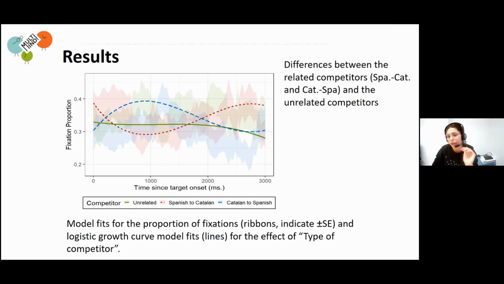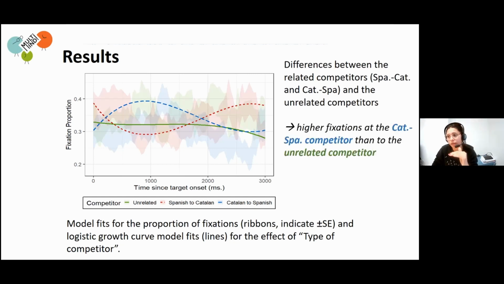So, I'm sorry, I will repeat: participants overall looked more to the phonologically related competitors than to the unrelated.